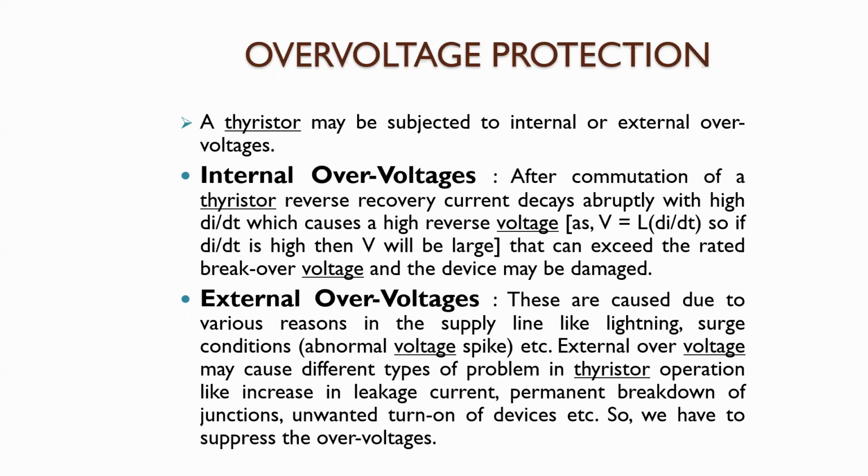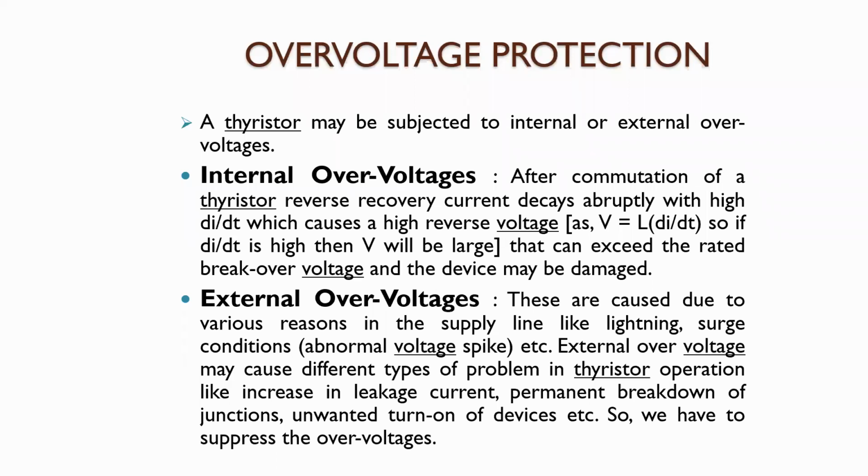Both cases can arise. The internal over voltages are due to commutation of the thyristor, reverse recovery current, and abrupt changes with high di by dt, which can cause high reverse voltages. If di by dt is high, the voltage can be large too, and that can exceed the rated breakover voltage, and the device may be damaged.